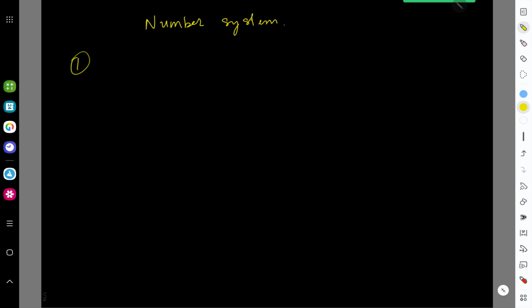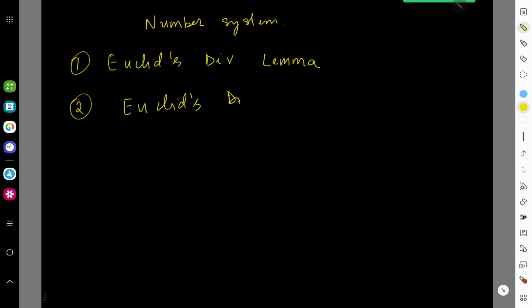The first is you need to know what is Euclid's division lemma, and I will suggest you learn the statement as well. The second is you need to know what is Euclid's division algorithm, and the third is you need to know how to express algebra in their general form.